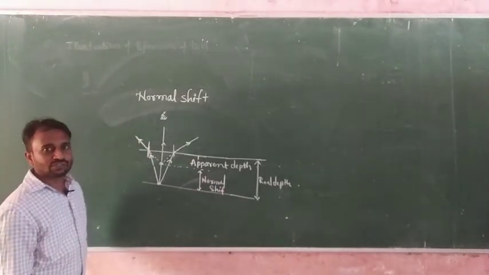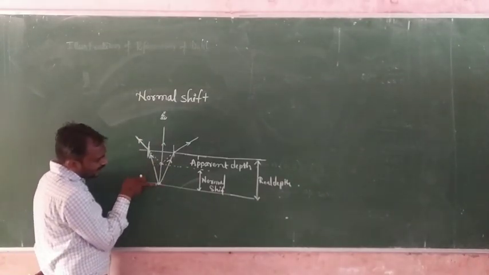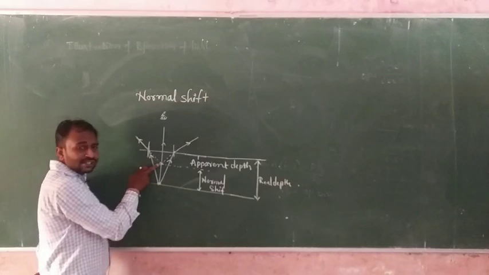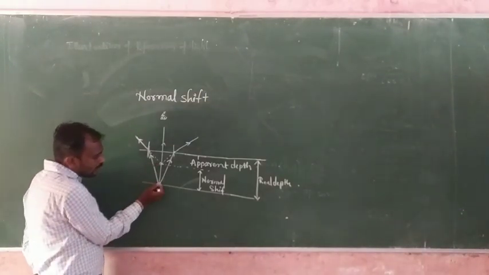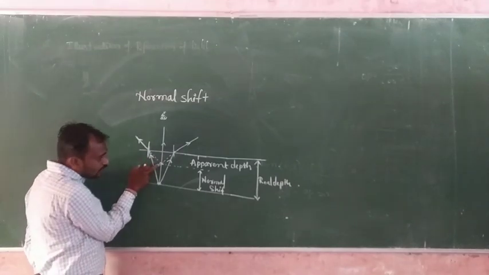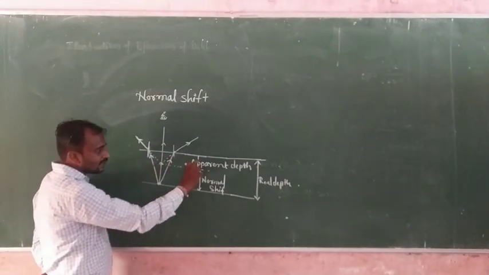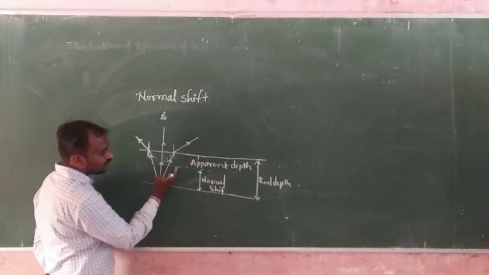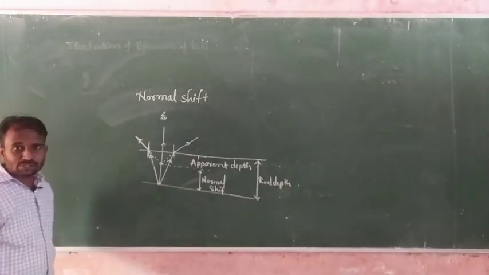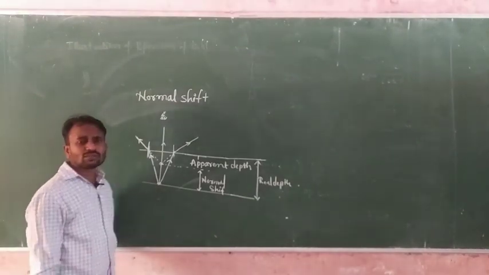So normal shift means here we have the actual position, and this one is the image of the position. So the object appears to be raised up, and this distance, between the refracting surface and the image of the object, is the apparent depth.